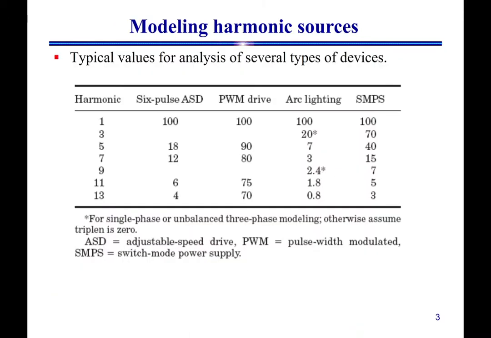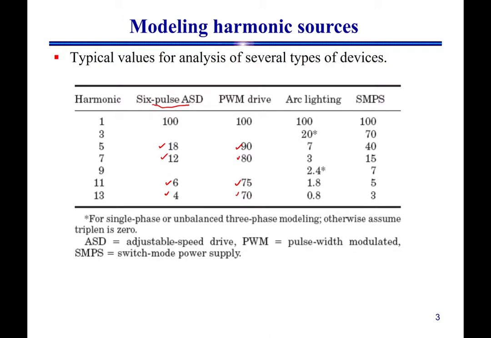So if we have a 6 pulse variable speed drive, we have the 5th and the 7th harmonic and the 11th harmonic, okay, 13th harmonic. But if we have PWM, we have also the same thing, right? But the percentage of those harmonics is higher.